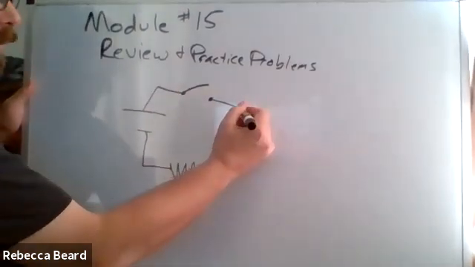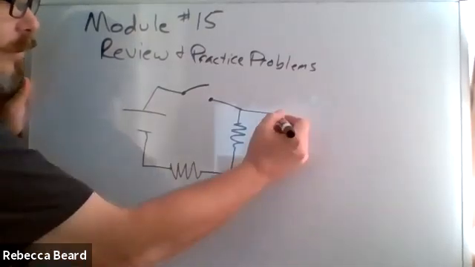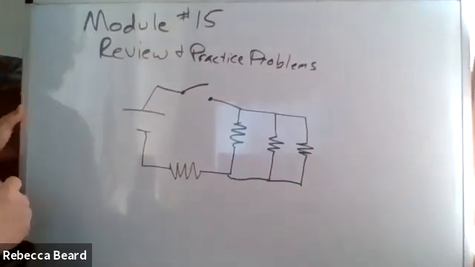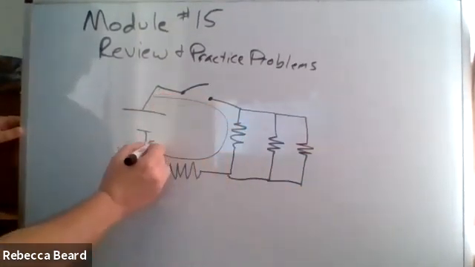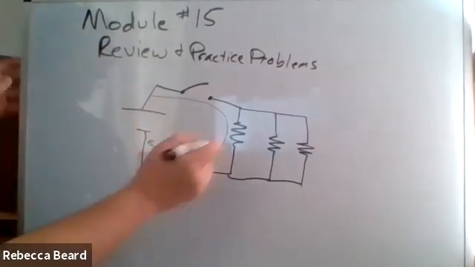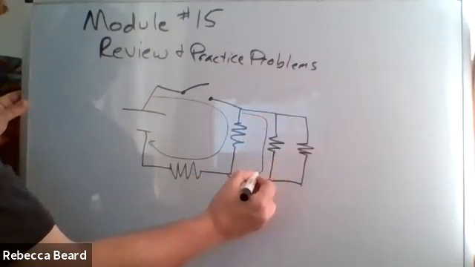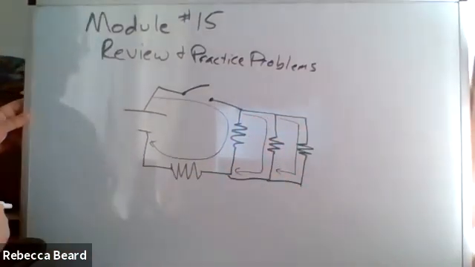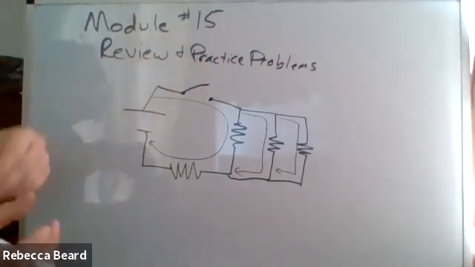If, however, we want them to go through all the components at a time, then instead of just going there and having no choice on which way it goes, it actually has branches where it can split and go down this way and down that way as well. And so there is current going through each branch.